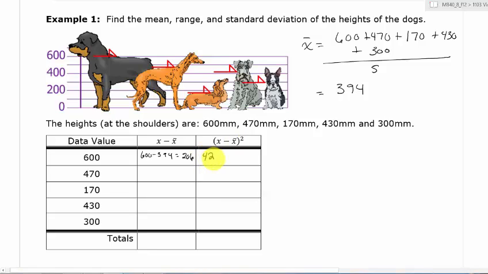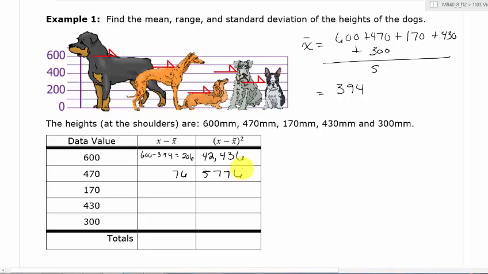And we get 42,436. Then take 470 minus our mean of 394, and we get 76. And then square that, and that's 5,776.